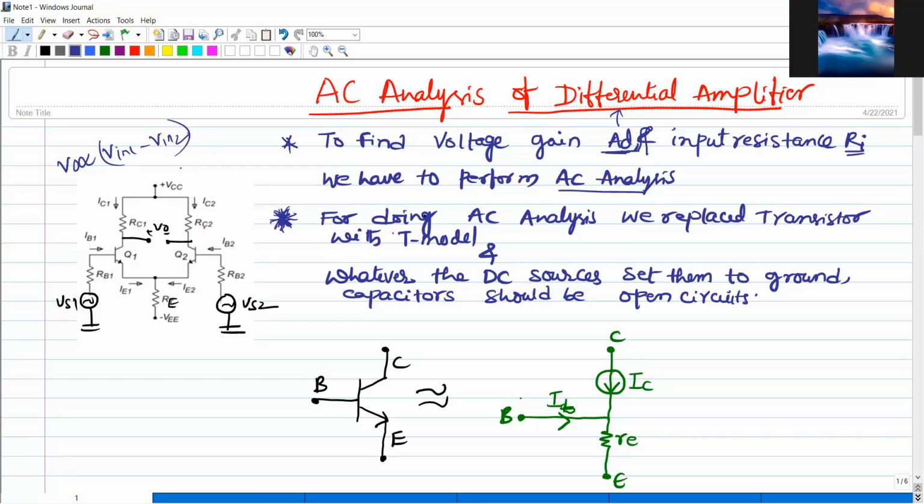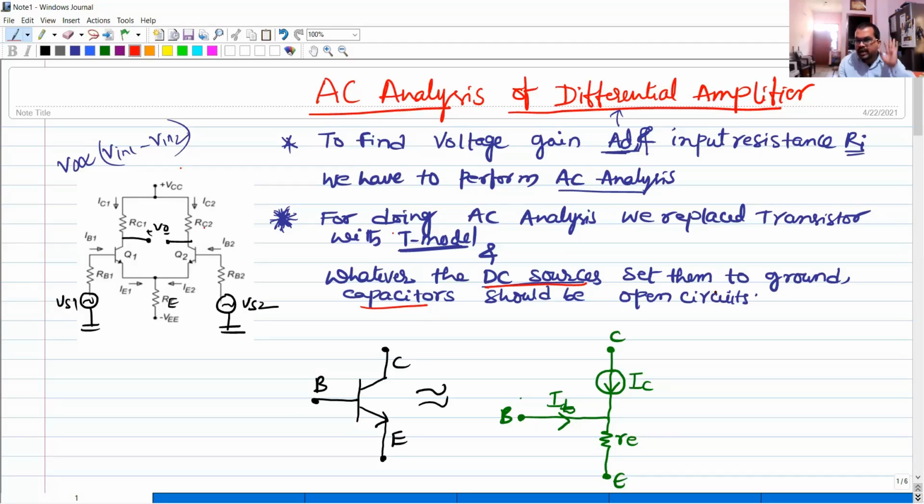For doing the AC analysis, we replace the transistors with the T model, and whatever DC sources there are, set them to ground, and if you find any capacitors, they should be open circuited. AC voltage sources should remain the same.